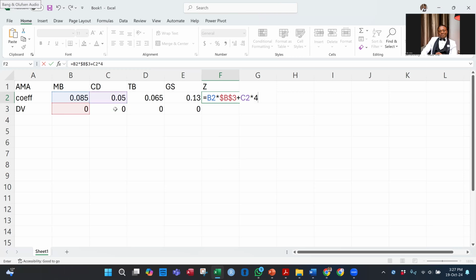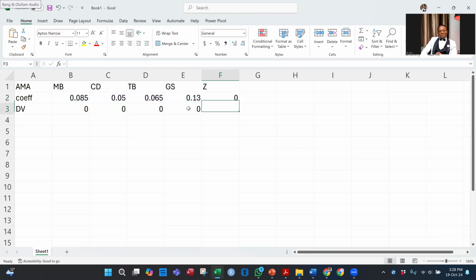Take this one and then press the F4 key, plus take the third variable, do times, select the decision variable, and then do your F4 key. Then the last one plus, take the last coefficient, multiply that coefficient by the decision variable, press the F4 key, enter.